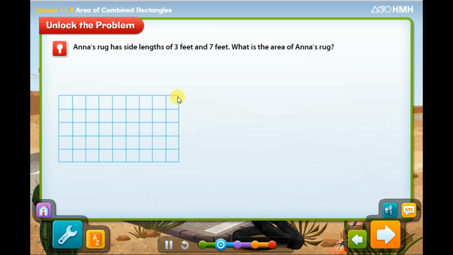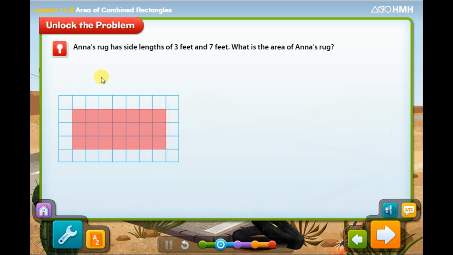Now let's place a rectangle on a grid to show our model of the problem 7 times 3. So our model is 3 rows and 7 in each row. Add a vertical line to break the model apart into smaller rectangles. How do you decide where to place the vertical line? Place the vertical line so that it breaks apart the rectangle into 2 smaller rectangles whose facts you know.